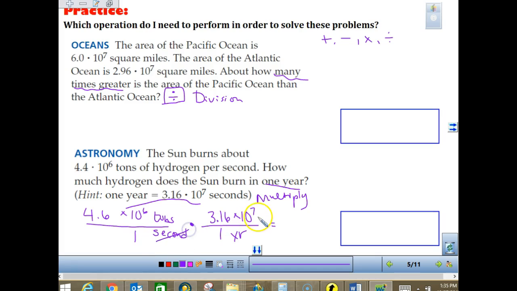The word seconds cancels with this word seconds over here. So just like with Mr. Olson in science, you're canceling your units, right? We are looking at taking 4.6 on our calculator times 3.16. If you do that multiplication, let me know what you got. Someone raise your hand and tell me. 4.6 times 3.16.